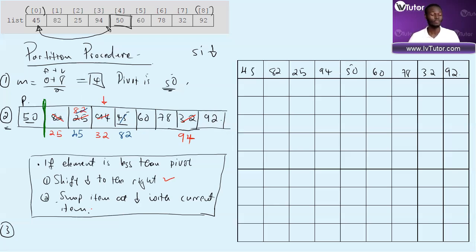So let me repeat this. Swap your pivot with the first item. Done. And then we draw a line. We are starting here. We start comparing these items with the pivot. And for each item that we find which is less than the pivot, shift your small index, swap with the current item.